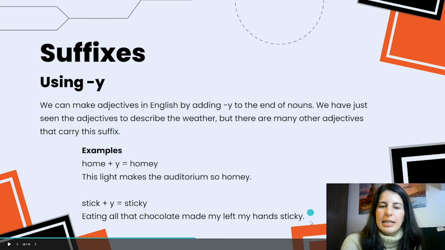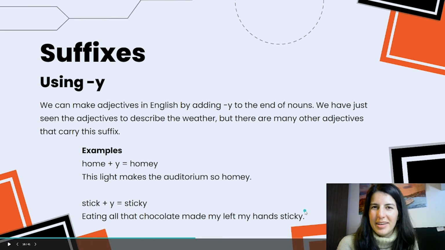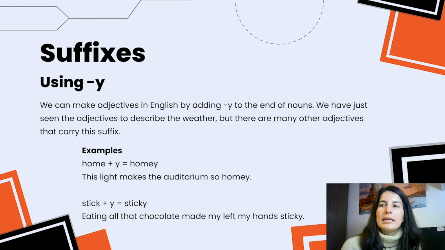Stick here is the word that we are using with the suffix y, right? So you can basically get almost any word that you want and add y. But be careful. If it is not in the dictionary, what you want to do is use this dash, okay? So for example, you have a word like YouTube, and you want to say that a video you are watching is similar to YouTube.